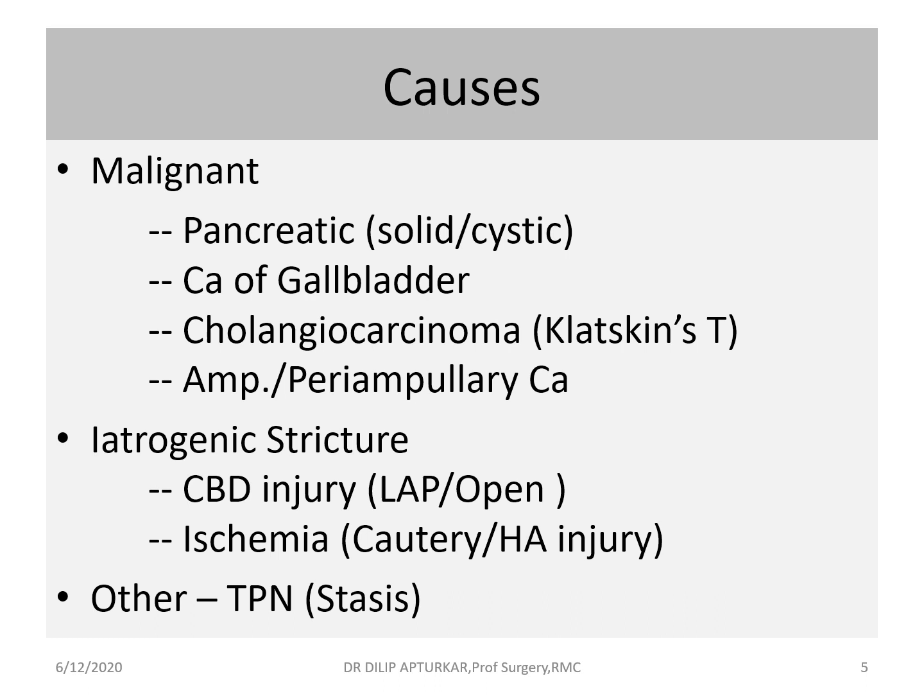Strictures can be iatrogenic due to CBD injury during laparoscopic procedure or even in open surgical procedure. It can be due to ischemic injury to the CBD, either due to cautery or hepatic artery injury. Then some rare causes, like patient is put on total parenteral nutrition causing the cholestasis resulting into jaundice.